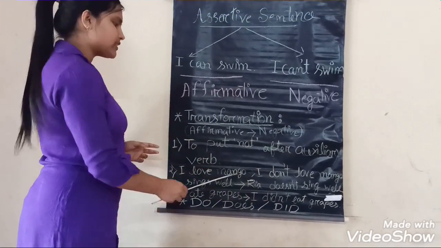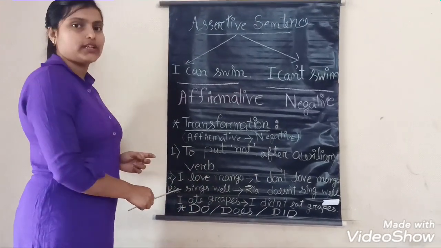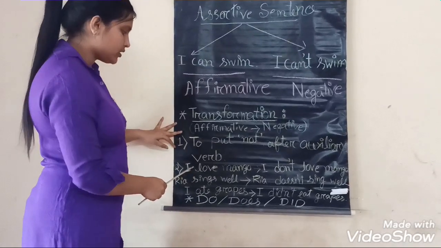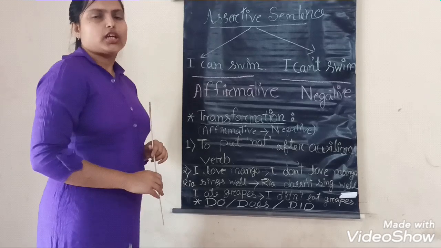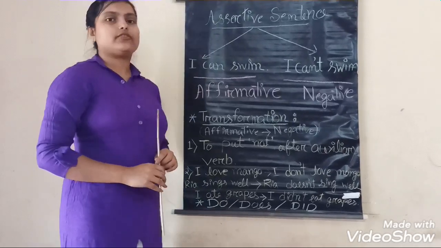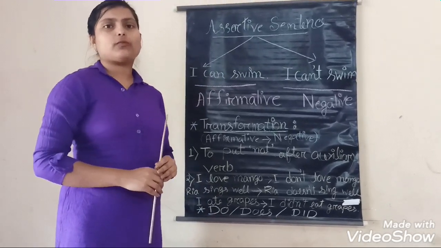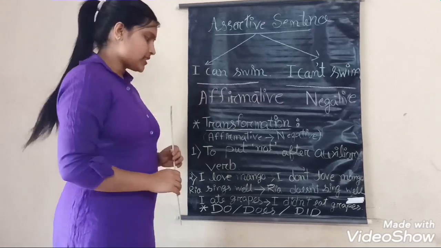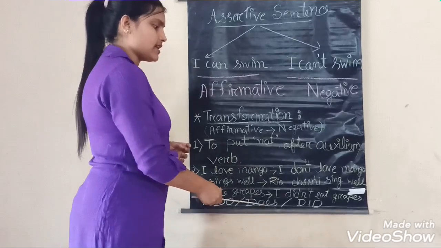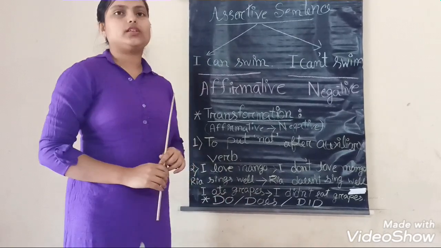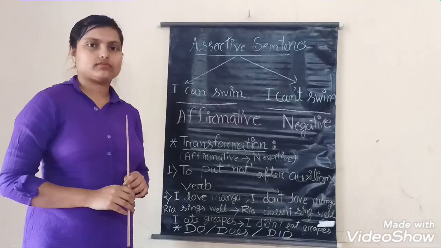If you look at these sentences minutely, you will notice that there is no auxiliary verb. Suppose you have got a sentence with no auxiliary verb. Then what will you do? In this case, you have to put do, does or did before the main verb.